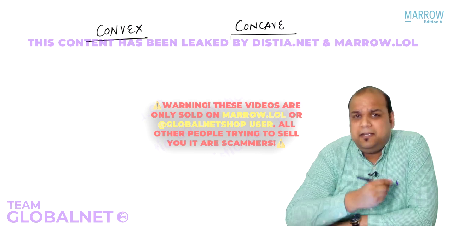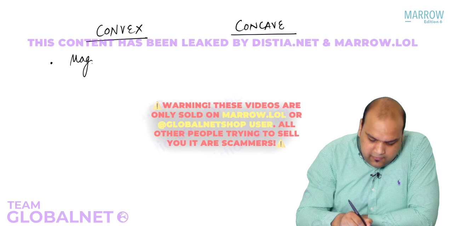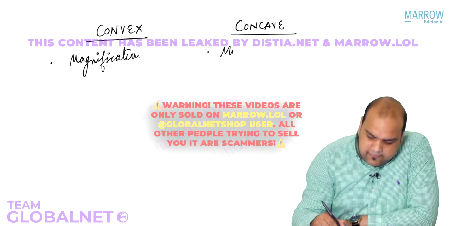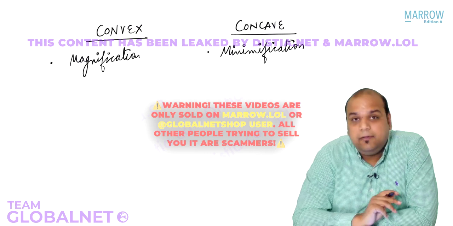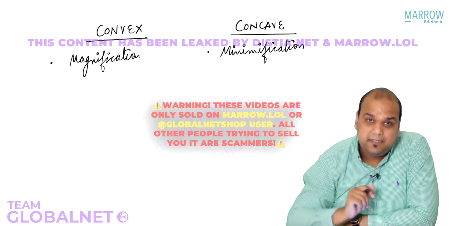Very simple, fundamental, but students don't know this. Convex lens, when you look through it, there will be magnification. Concave lens, when you look through it, there will be minification. Concave is minus, image size becomes smaller. Convex is plus, image size becomes bigger.